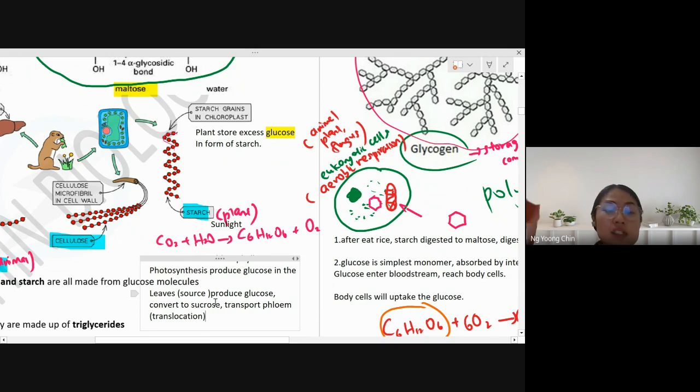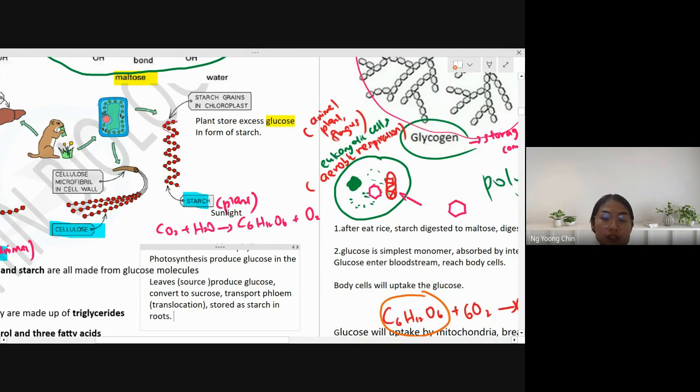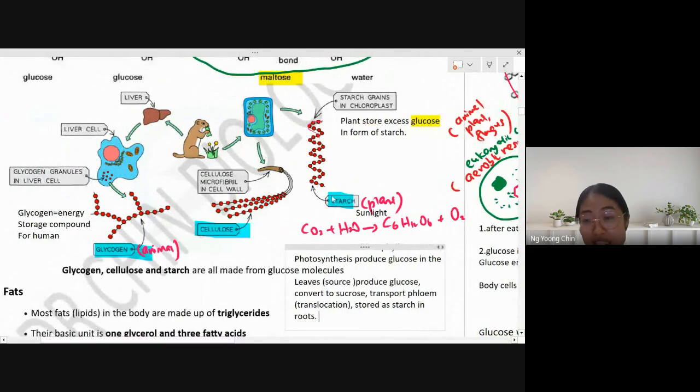However, if there is excess sucrose that is not being used, it will be stored as starch. They will become starch and be stored in the sink, in the roots. So starch is a storage compound for plants.